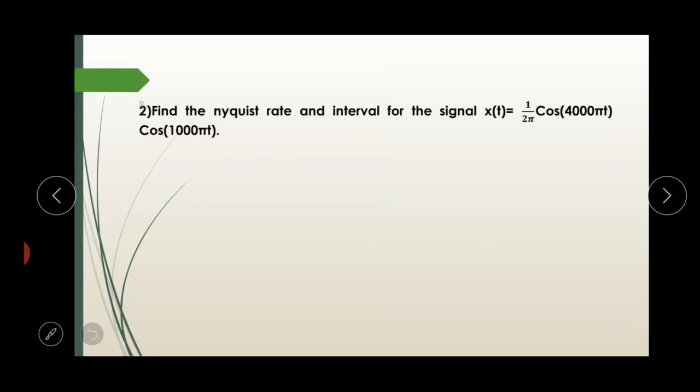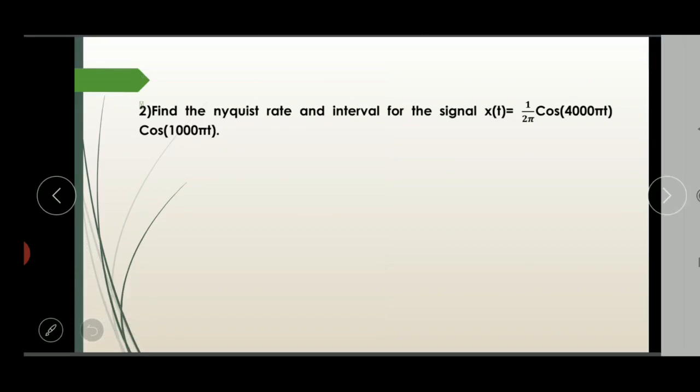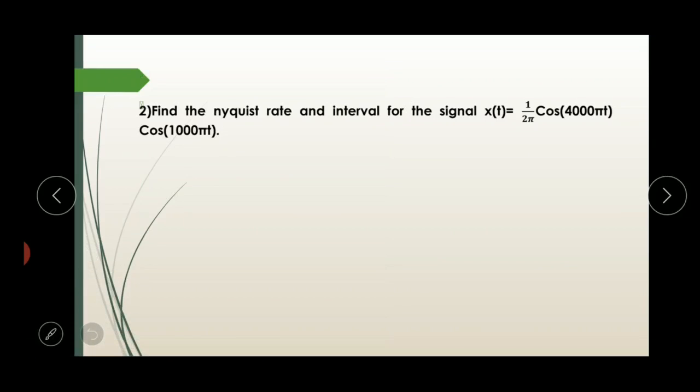The next problem is: find the Nyquist rate and interval for the signal x of t equal to 1 by 2 pi cos 4000 pi t into cos 1000 pi t. First we have to convert this signal into plus or minus terms. For that, we apply the mathematical formula, cos A into cos B equals 1 by 2 of cos(A plus B) plus cos(A minus B).